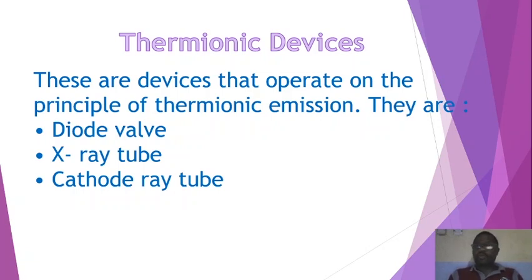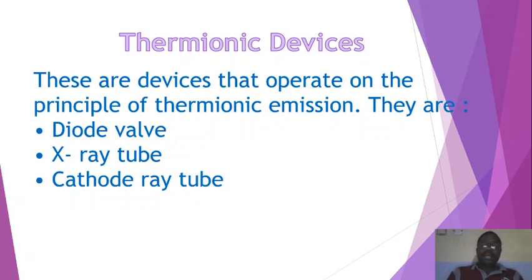The cathode ray tube has a wide area of application. It is also on the same principle that the cathode ray TV works. You know the cathode ray TV? That is the old model TV that makes use of tube. So that television works on the same principle as the cathode ray oscilloscope.